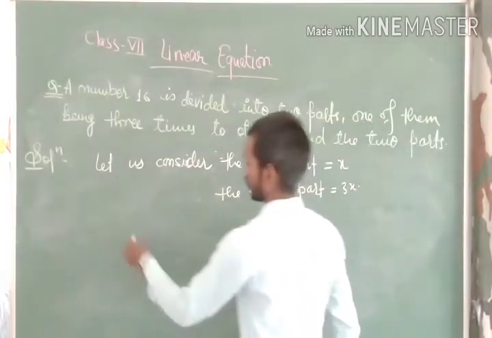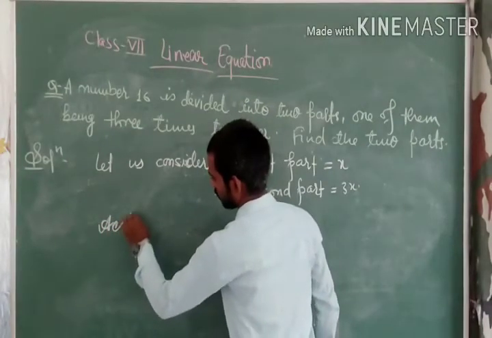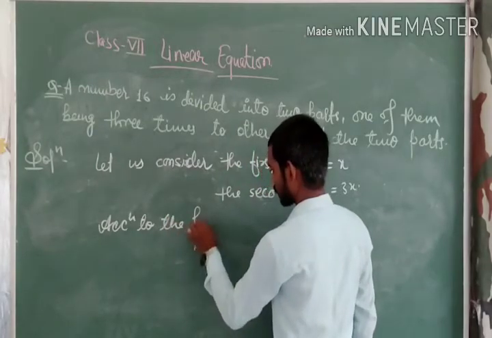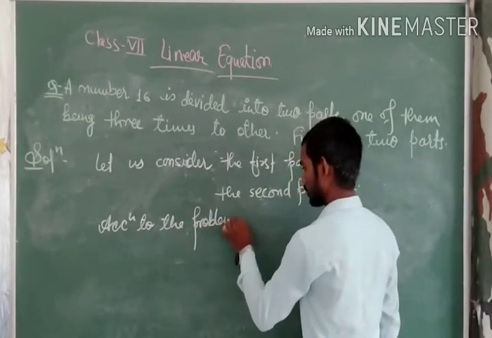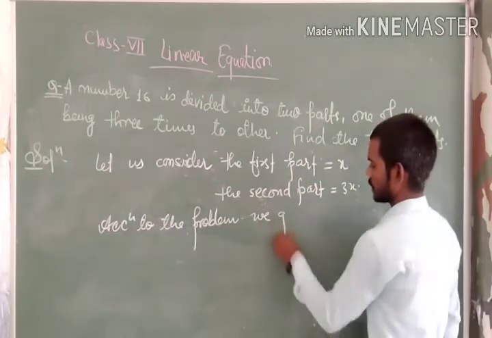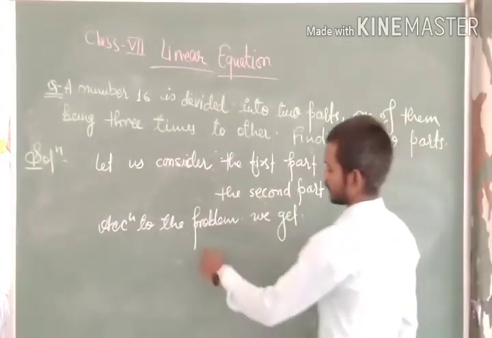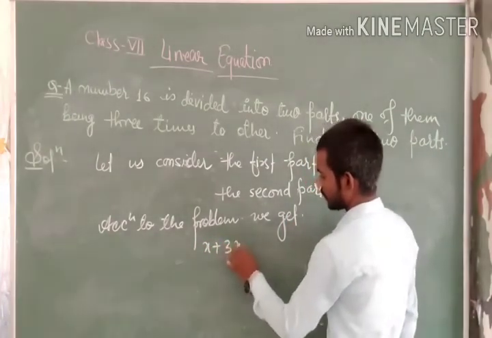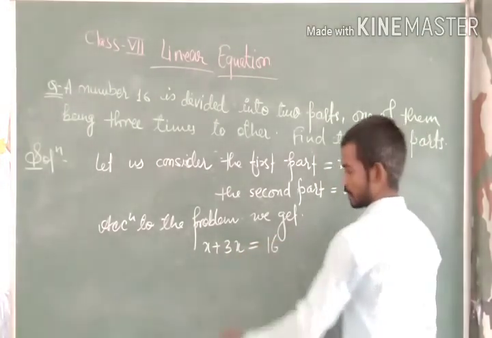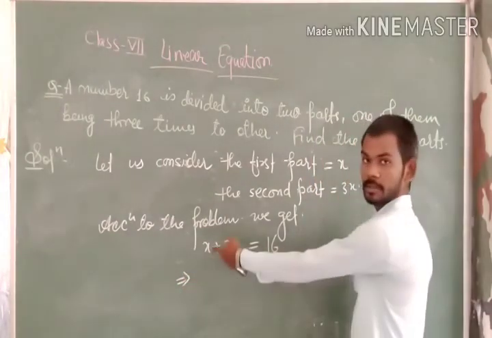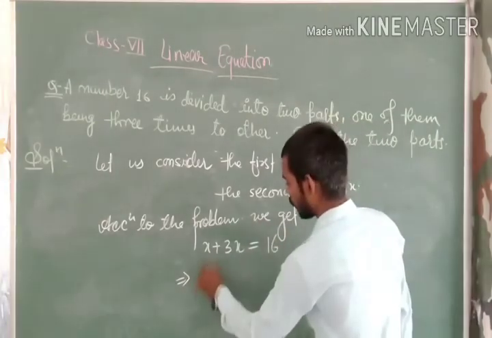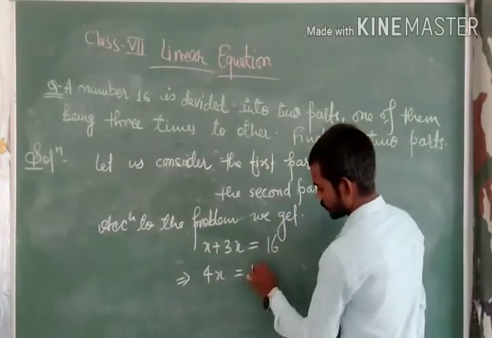So according to the problem, we get x plus 3x is equal to 16. This implies x plus 3x is equal to 4x. So we get 4x is equal to 16.